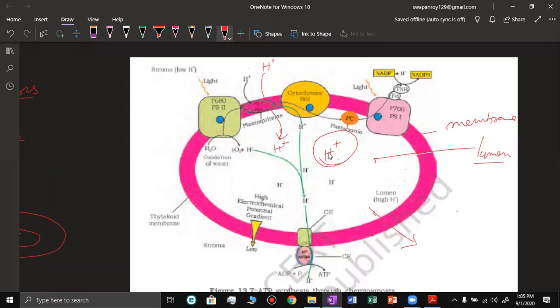So the protons are to be transported from the lumen to the stroma, but they cannot do that directly. They will do it through certain channels. These channels are provided by what is known as the fundamental particle, F0, and the F1 particle.